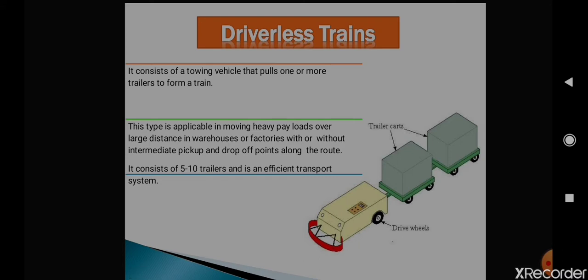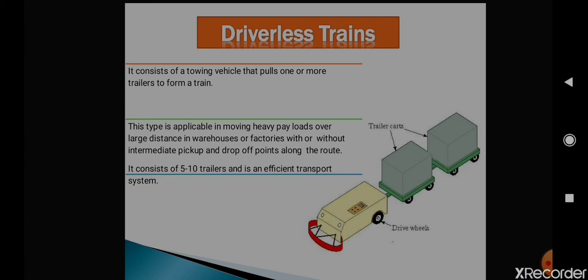The driverless trains are just like your trains which will have some trailers behind them. The trailers may consist of 5 to 10 trailers, and the load will be kept on each trailer, and these can be used for movement from one place to the other place.